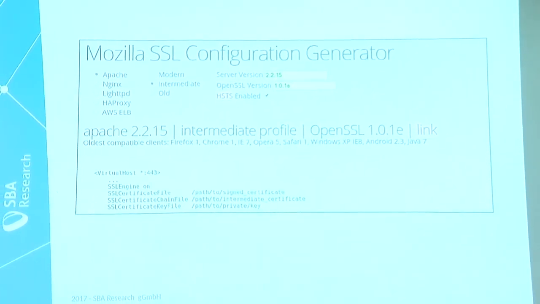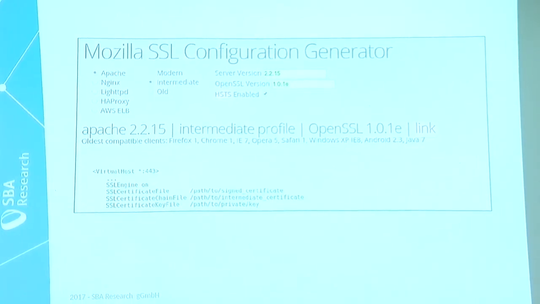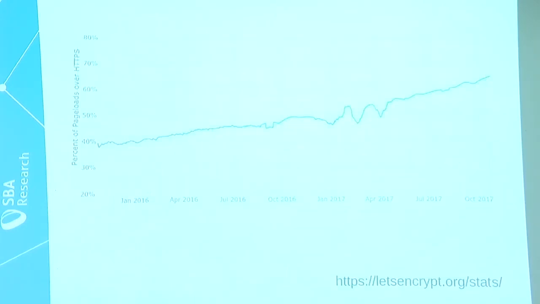Here you can be sure that the right level of compatibility is true, because you see which browser is supported. So here we see, do I really need Internet Explorer 7 to work for my page? Or do I need even more? Then I go to old configuration. And this simple step makes the process of configuring Apache, of configuring HTTPS, a lot more usable.